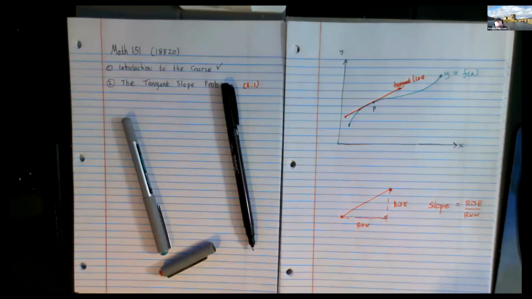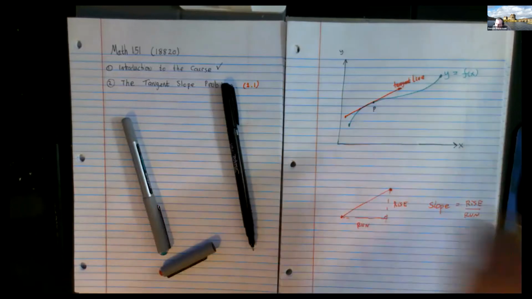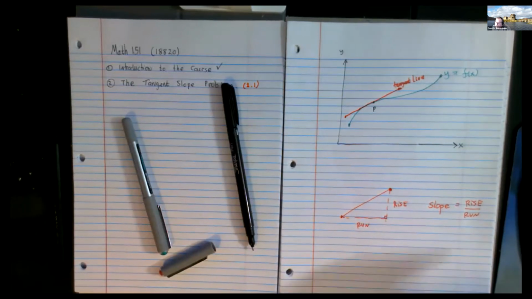And so mathematicians had to figure out how to solve this problem. And when it finally got solved, calculus got invented. The whole process of finding the solution to this problem created a whole branch of mathematics called calculus.